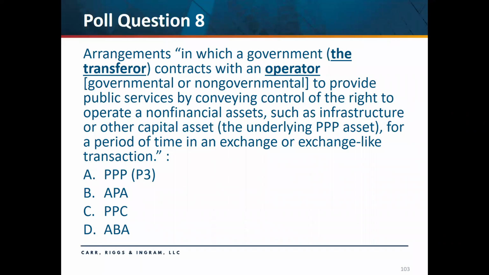So what sort of arrangement is that? Is it a PPP, an APA, a PPC, or an ABA? So we're going to leave that one on the screen for a little while because it takes a little digesting. So back to you, presenters, whilst people answer this one.